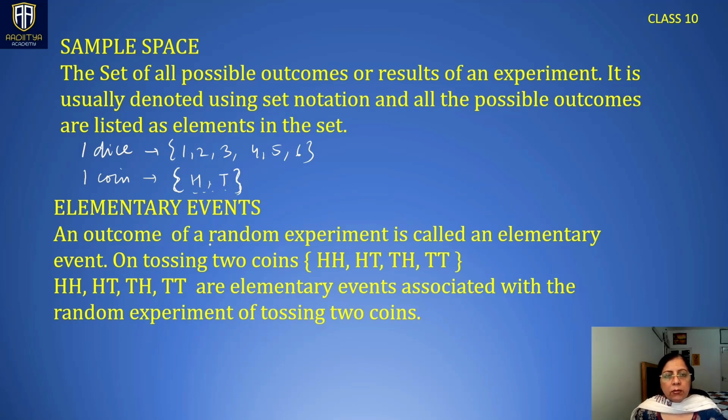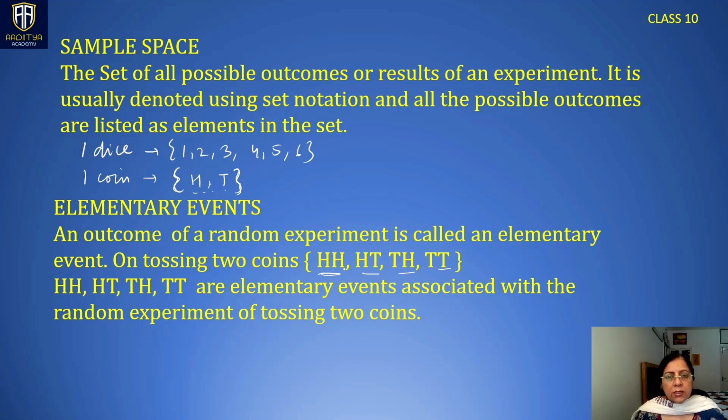Next is elementary events. Now what are elementary events? The outcome of a random experiment is called an elementary event. Whatever outcomes we can have when we perform a random experiment, we have listed those outcomes in the form of a set, and each and every outcome of an experiment is called an elementary event.